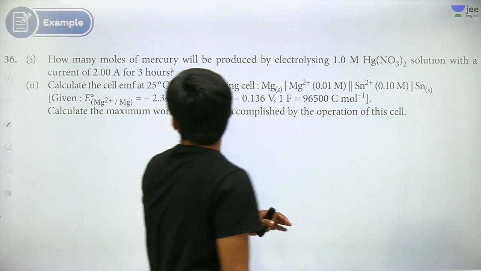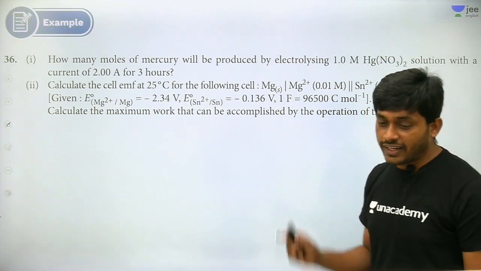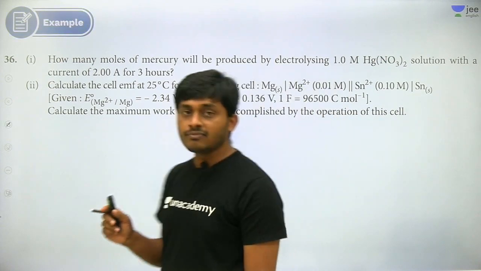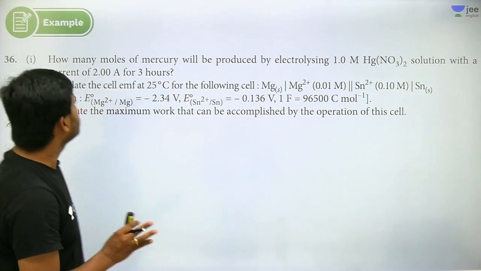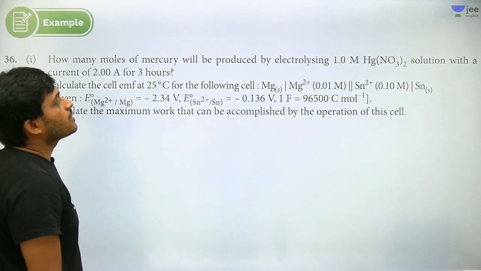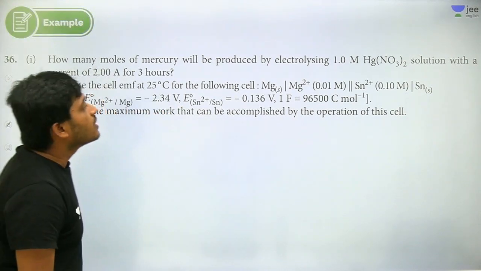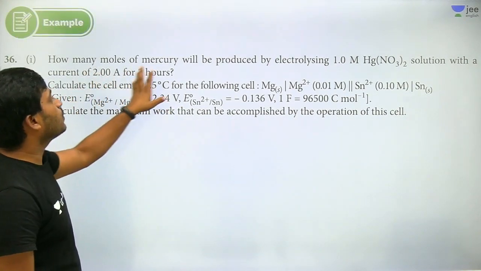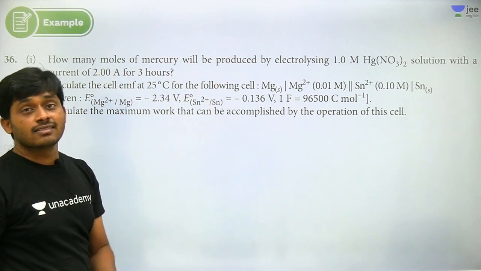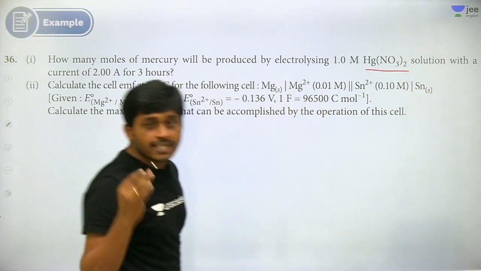See this question, question 36. Just one more question and we'll finish this session. It is from electrochemistry. How many moles of mercury will be produced by electrolyzing 1 molar mercury nitrate solution with a current of 2 ampere for 3 hours? Just identify the mercury oxidation number.